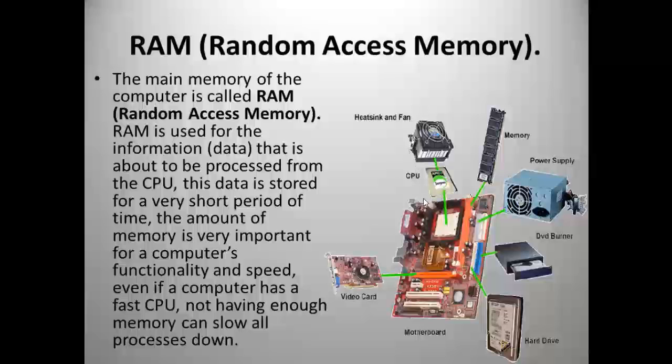Even if my CPU is really fast, but my memory is very small, the information will still not be processed very fast. So everything that I need the computer to process first will be stored in the memory temporarily, as it says over here, for a very short period of time, and then sent to the CPU.